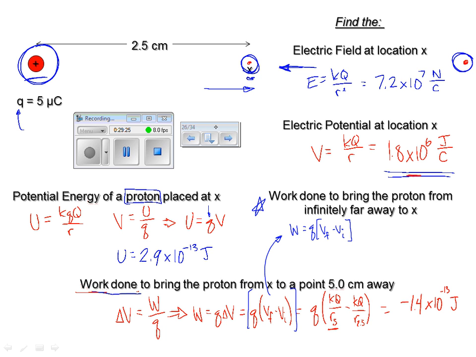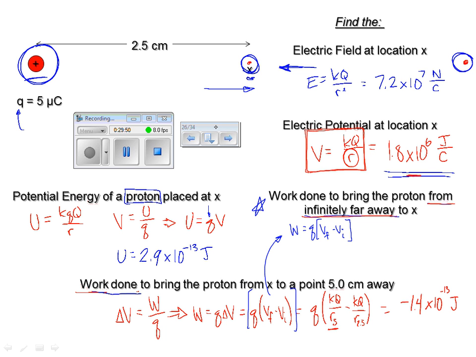Now, how much work is done to bring a proton from infinitely far away? Well, infinitely far away, that means that's our initial place. Here's an expression for potential. If r is infinity, what's potential? Well, if the bottom here is infinitely large, the potential is 0.